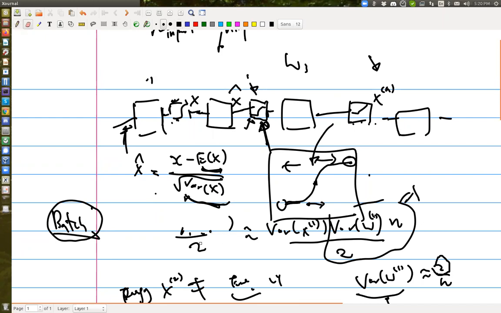Now the question is, is that always a good thing to do? This normalization is hard to say. Maybe it's good, maybe it's bad.